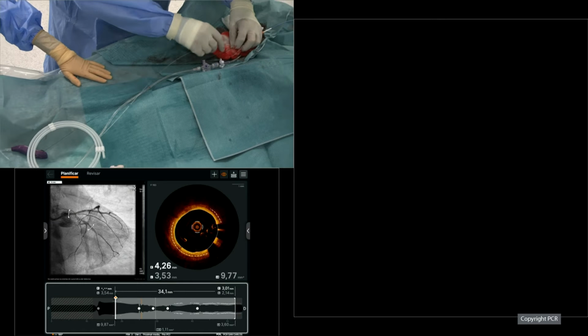We can show you some measurements there, but you can see the lumen is around 3.5, and the vessel probably must be around 4. But I think we can accommodate a 3 millimeter stent, and you know it always facilitates. There are lots of branches in this circumflex, so it's always easier if we can use 1 stent.